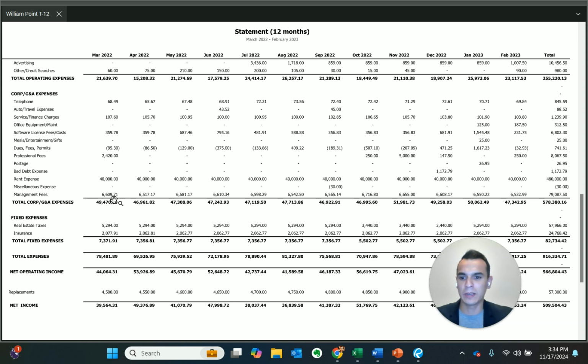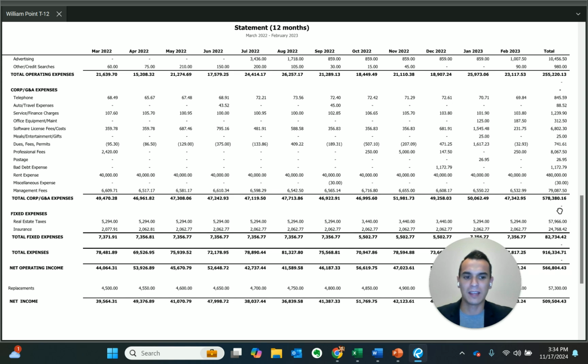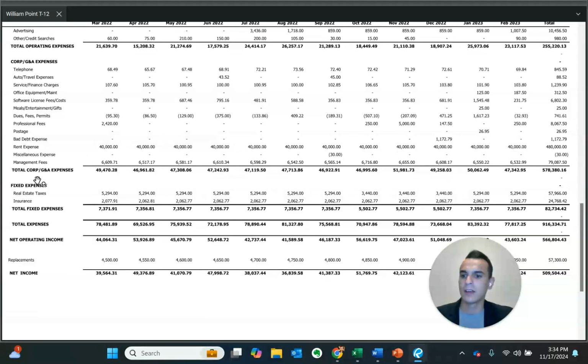And then management fees. So you can see the management fee is pretty steady here. It's based on gross income and equals around 79,000 for the year. And we get a total of the corp G&A expenses of 578,000.